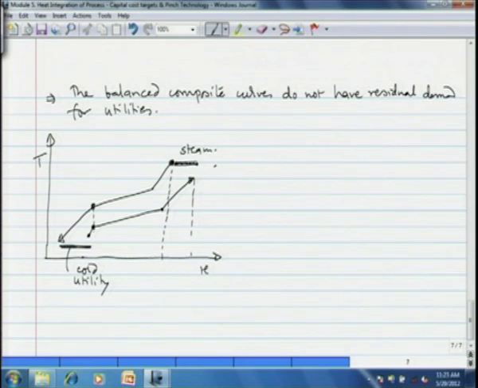And then we can identify here the enthalpy intervals. Whenever the curve changes slope, we have addition or deletion of streams.